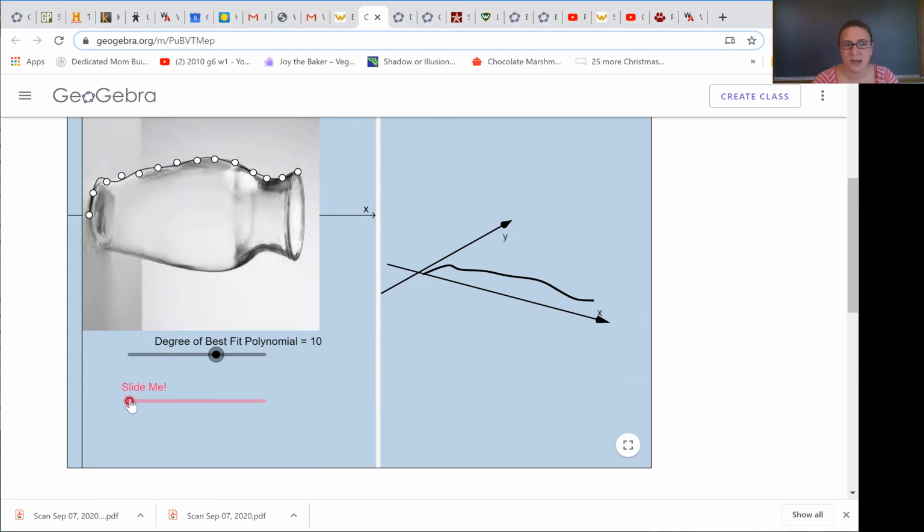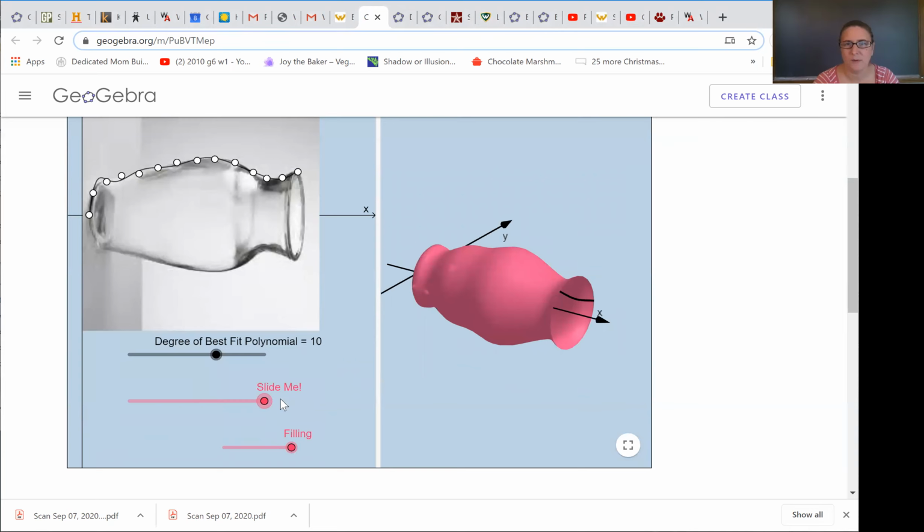As we slide around, we're going to turn that curve around the x-axis, and it goes all the way around. So it then maps out that shape. You see it's not perfect. There's a little bit too much here.